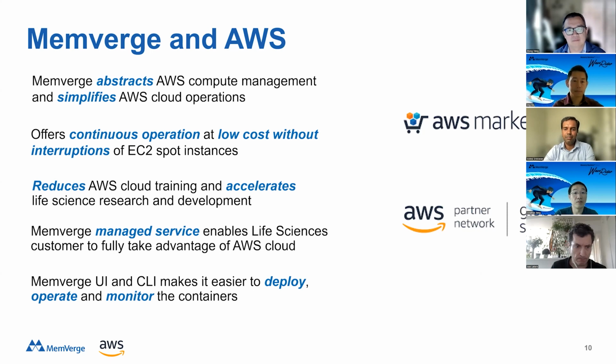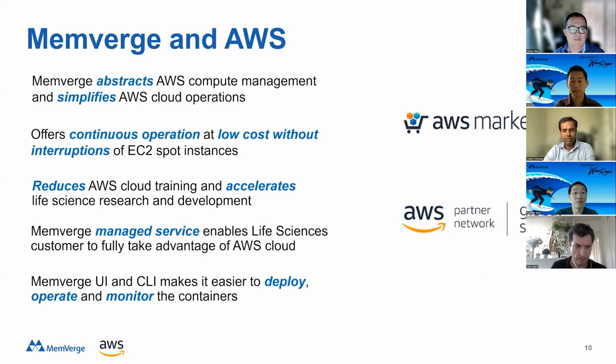And Memverge, being a part of the global startup partnership, has the benefit that AWS brings to our customers through the availability of the latest and niche technology, with Memverge becoming a launch partner and staying ahead of the curve through the partnership advantage AWS brings to the table.